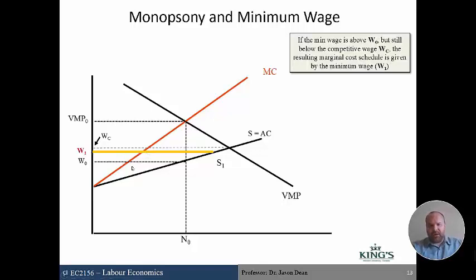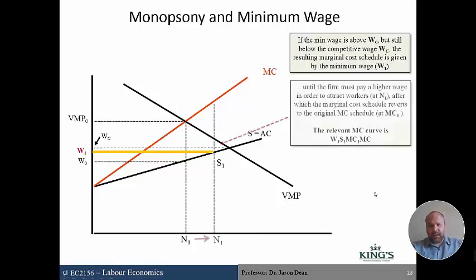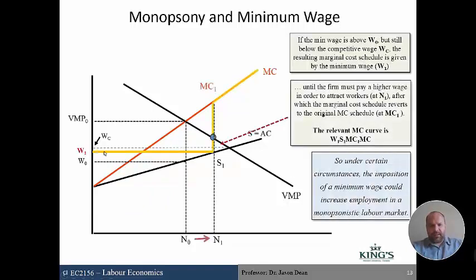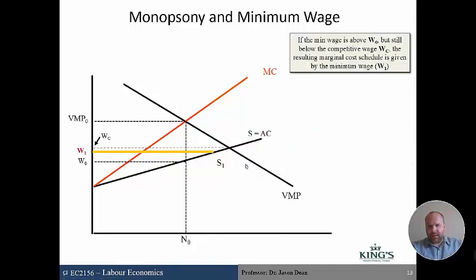So the actual marginal cost curve will be this whole thing here, this yellow line. So from here to here, I'll go back a moment. So from here to here, the firms must pay the minimum wage. That's the minimum wage. They must pay that.